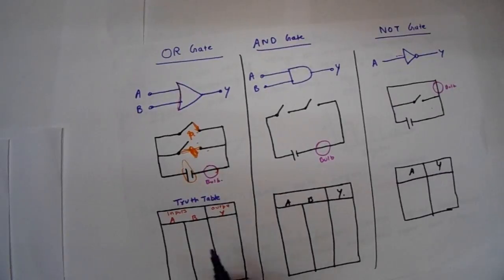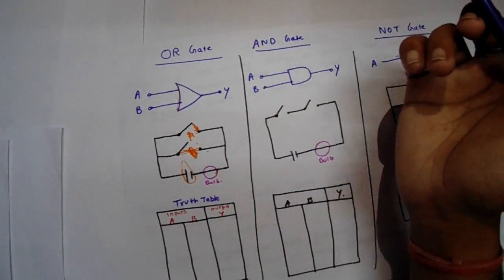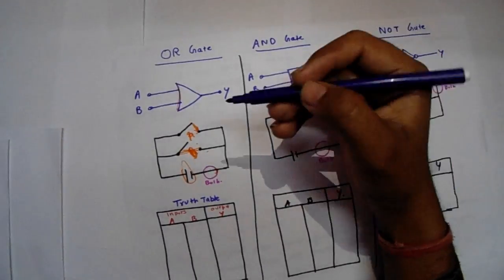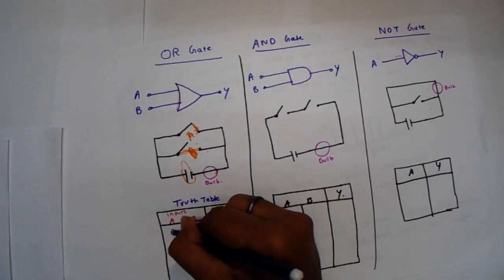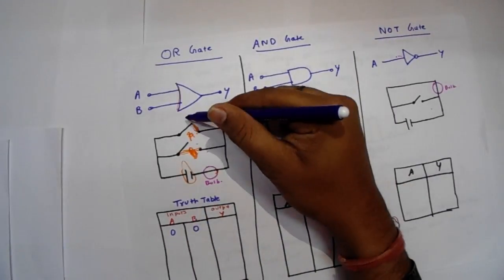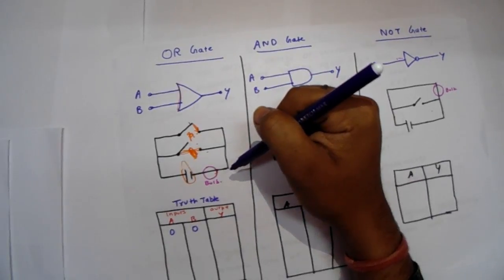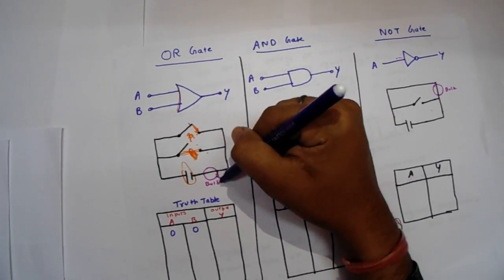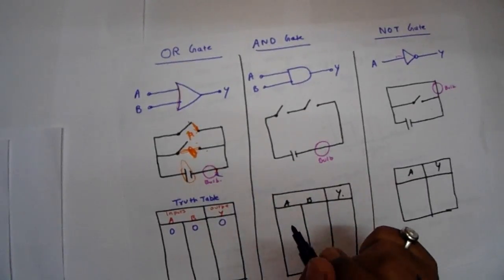There are two inputs; we are considering a two input truth table right now for this OR gate. If both the inputs are 0, suppose both the switches are open, none of them are closed, the circuit is broken, so the bulb will not glow. So we'll get output as 0.